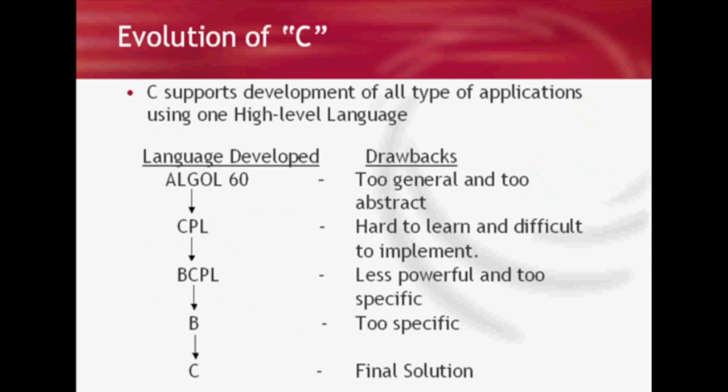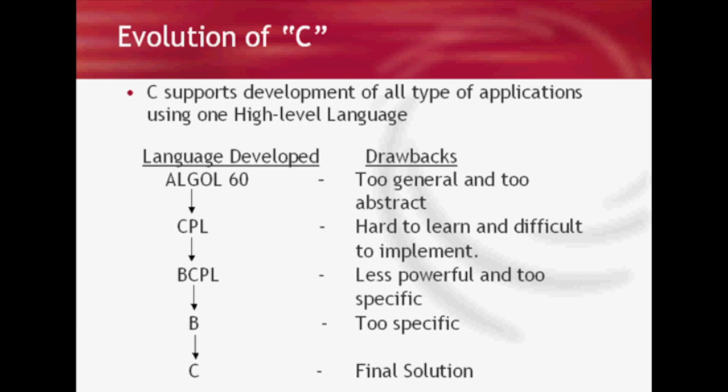The evolution of C language. The International Committee developed the ALGOL 60 language, which is used to program all types of applications such as commercial applications, scientific applications, system applications, and so on.